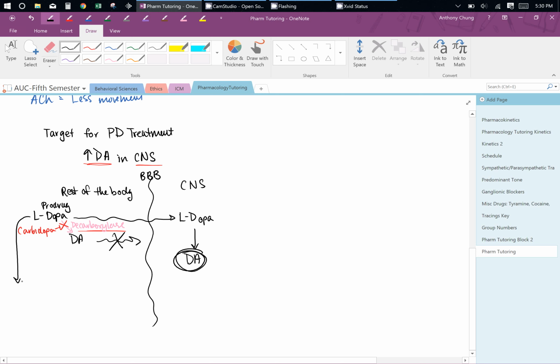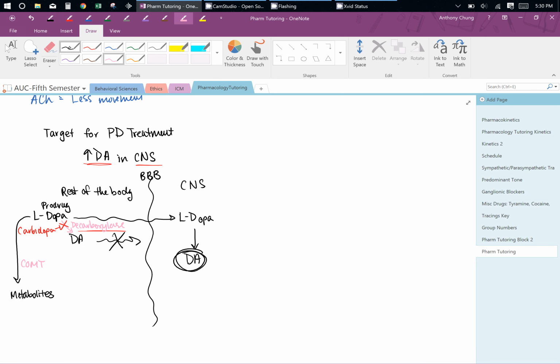It can be converted into other metabolites. And there's also the COMT. COMT can convert the levodopa into other metabolites, and then if it's converted into metabolites, it's already not really working. So we want to target that as well.